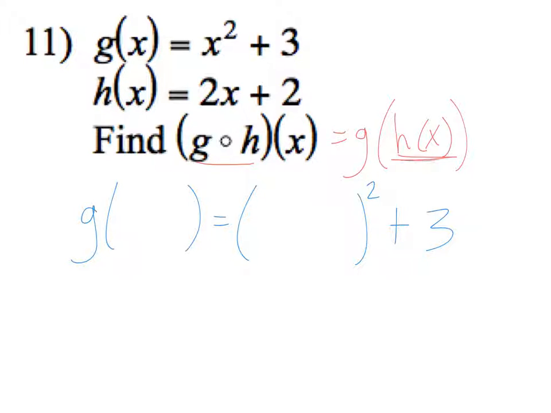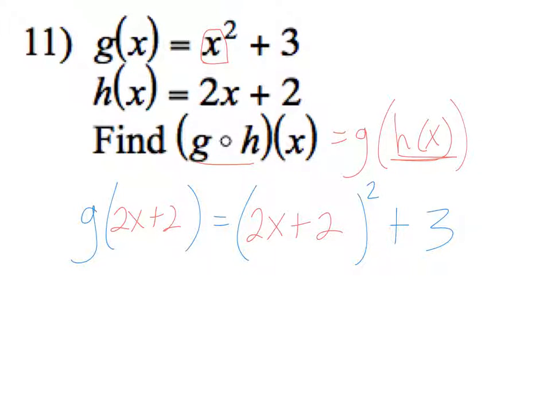Because for h of x, I'm going to plug in 2x plus 2, because that's what h of x is. So g of 2x plus 2 is the same as g of h of x, which means I'm plugging in 2x plus 2 instead of x in my function g.